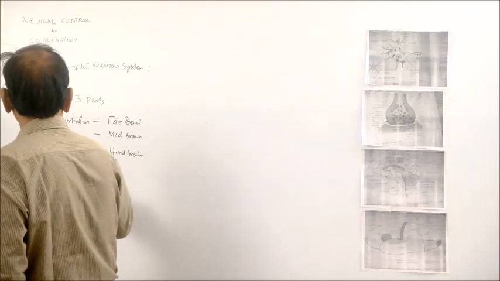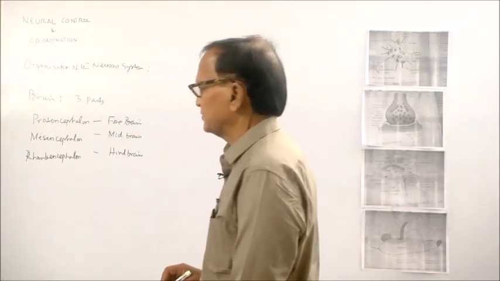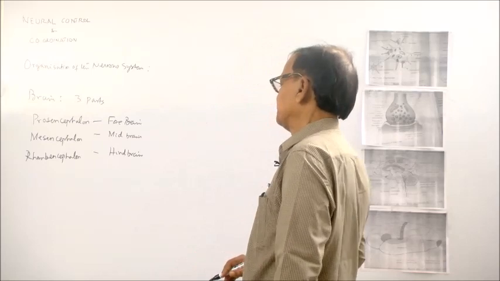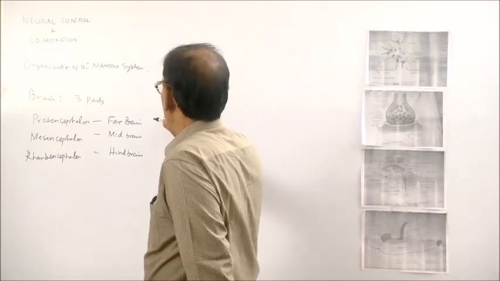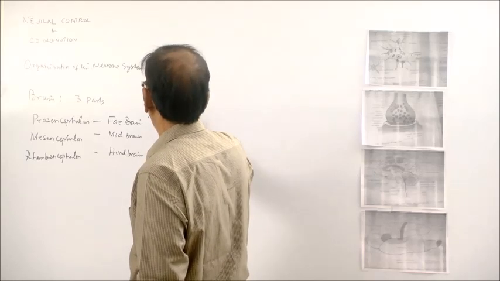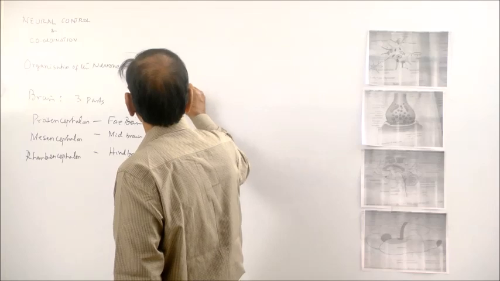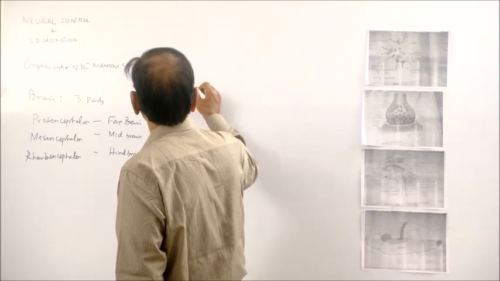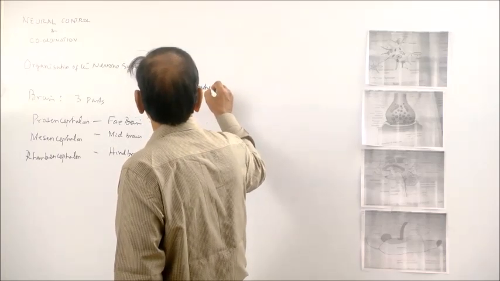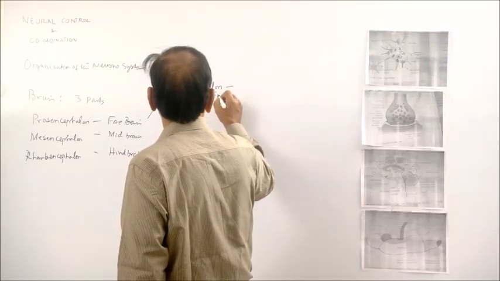Now, each of these three main parts of the brain again has subdivisions. The forebrain or prosencephalon is formed of the rhinencephalon, comprising a pair of olfactory lobes.